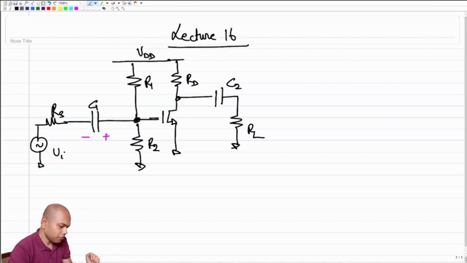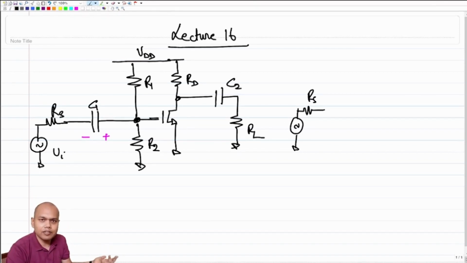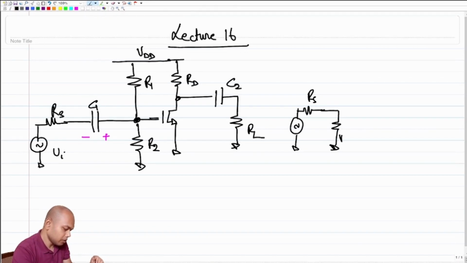So if we sketch the incremental equivalent of this network, what will we get? This is Vi, this is Rs, and let's assume that C1 is large enough to be treated as a short circuit. Then this becomes R1 parallel R2, right?